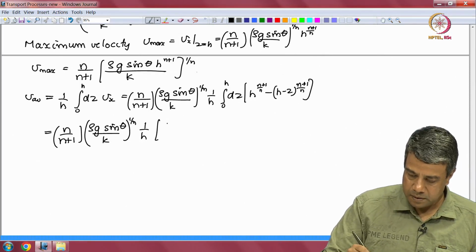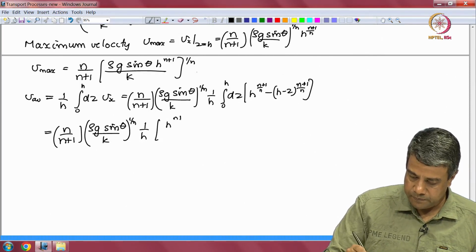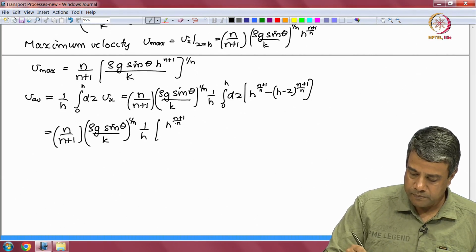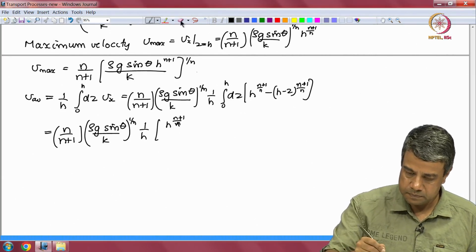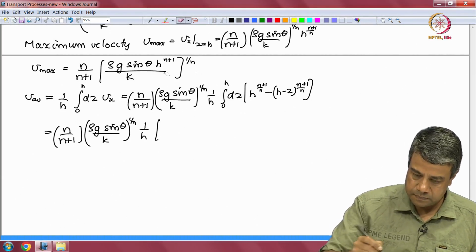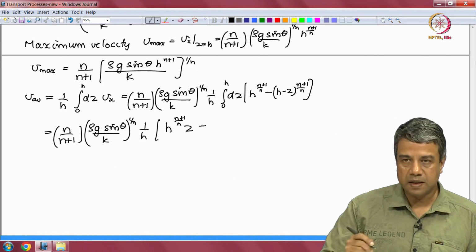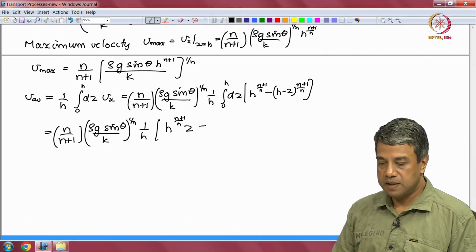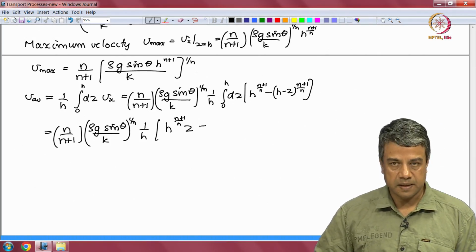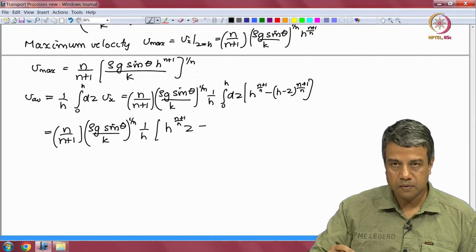The first term is just a constant, h power (n plus 1) by n, into z, minus the integral of (h minus z) power (n plus 1) by n.